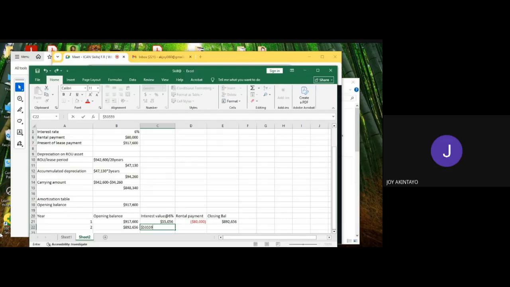Let's round everything up as a whole number. We still have the same thing. Abi? Yes, sir. What is our value at the end of the period?